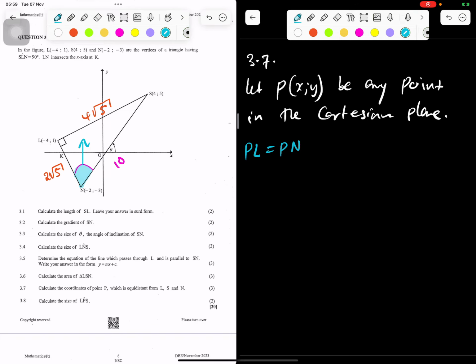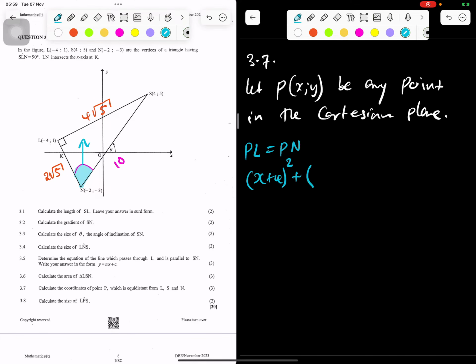Now, the distance PL is going to be this distance here. P you don't know, so from that point x to L, it's going to be x plus 4, and I have to square this.